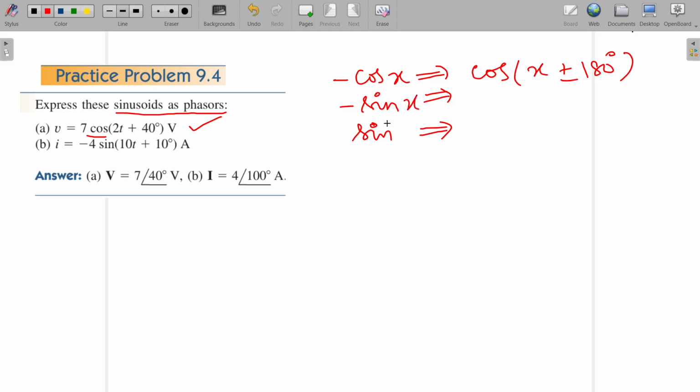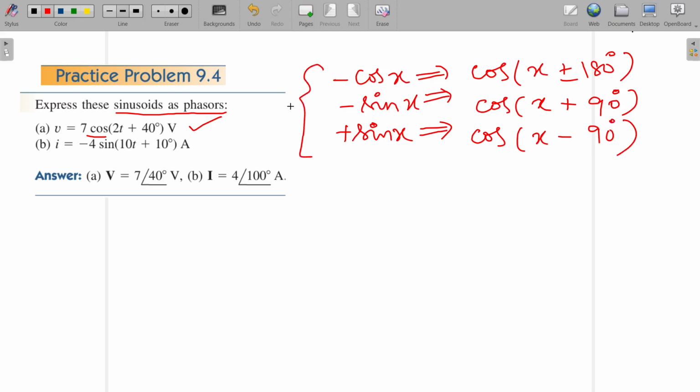Minus sin x can be converted into cos of x plus 90 degrees. And plus sin x can be written as cos of x minus 90 degrees. If you know these three formulas, then you can easily do this conversion. Okay, now let's go for solving these two problems.